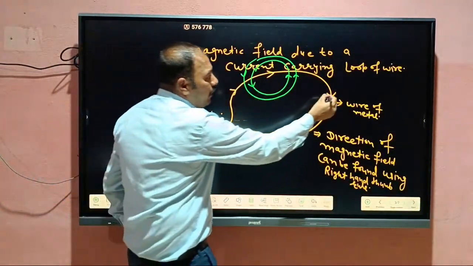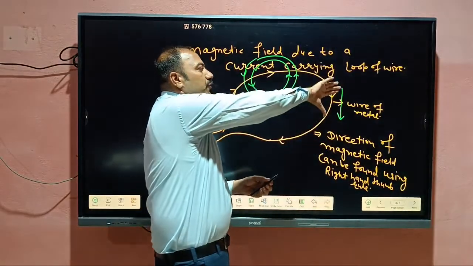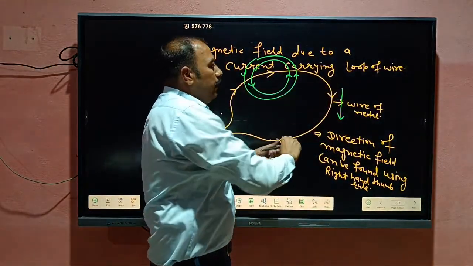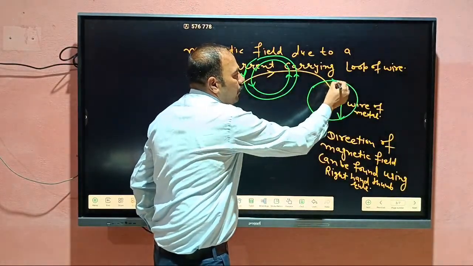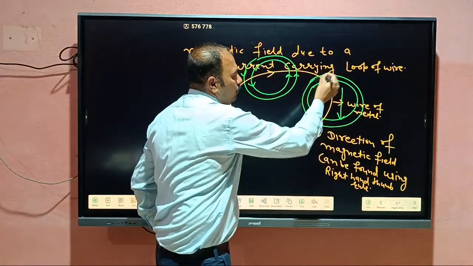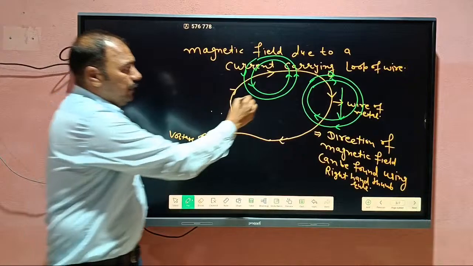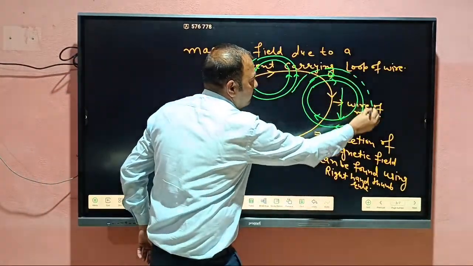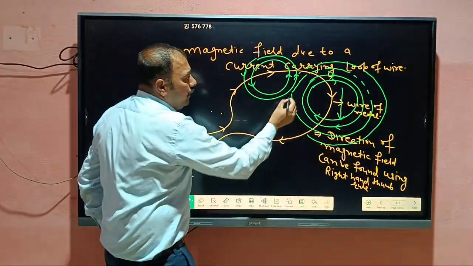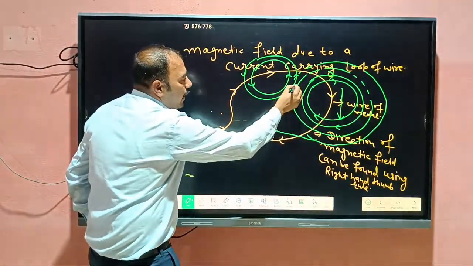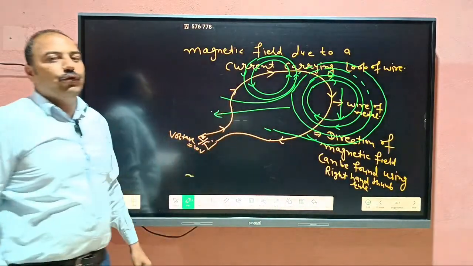So here, for example, the direction of the current is like this. If we align our thumb in the direction of the current and wrap our fingers, then we find the direction of the magnetic field. If we increase the current, then the magnetic field lines increase, and at the center these lines are uniform.